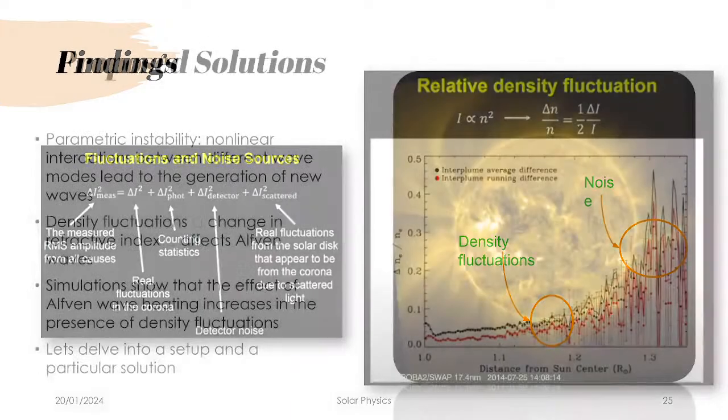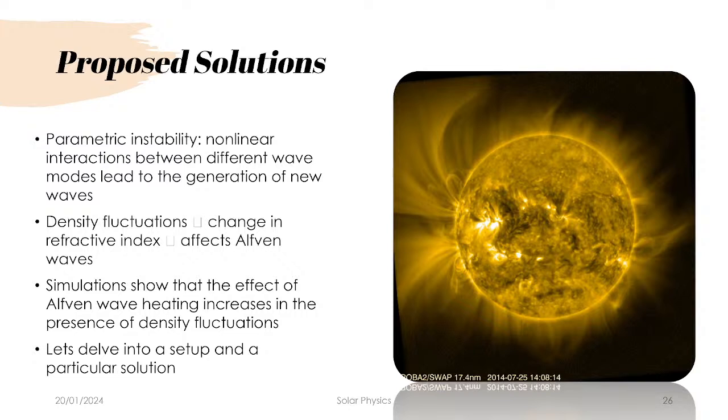Now we go to the proposed solutions. There is parametric instability that I talked about before. Parametric instability is basically the kind of nonlinear interaction that happens between different wave modes, which gives rise to some daughter waves. So what is happening is, when I have a density fluctuation, I have reflected waves.